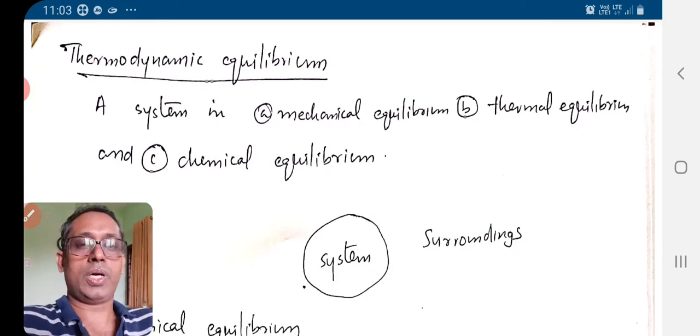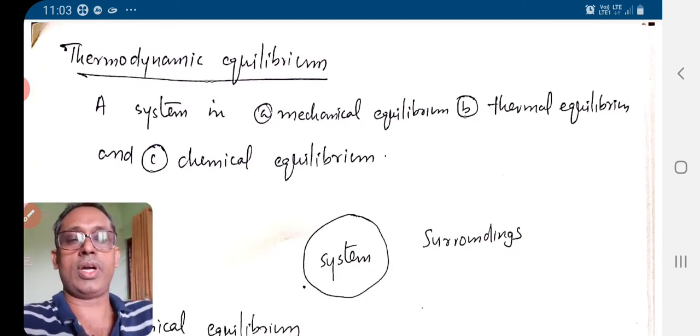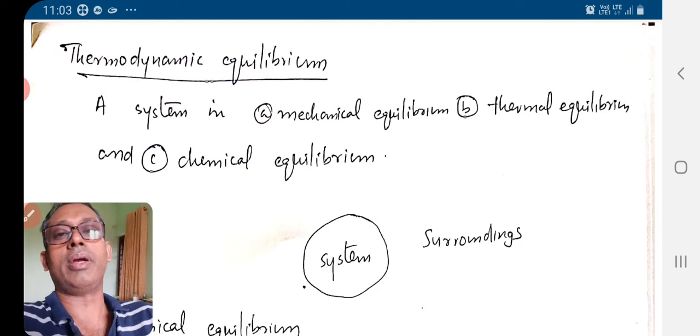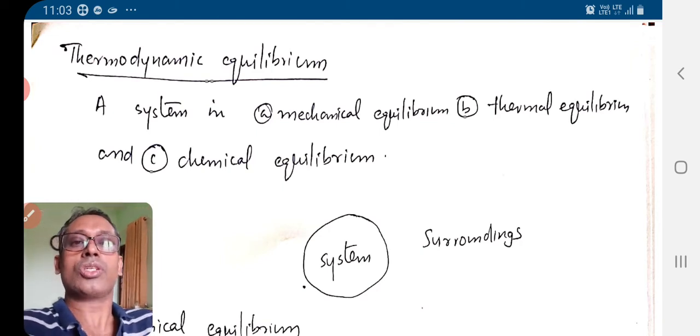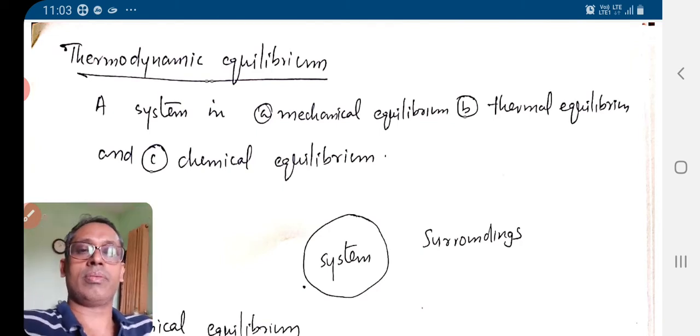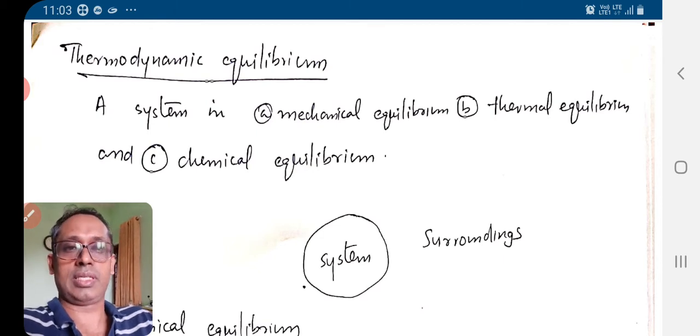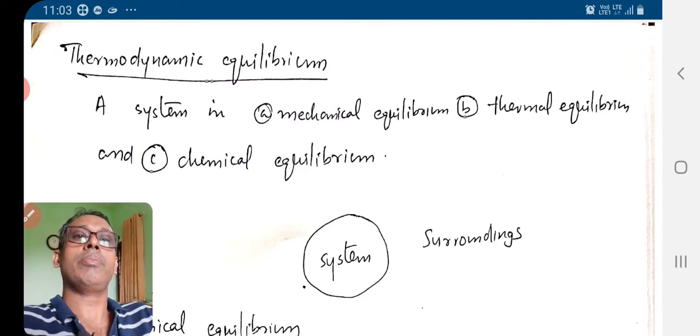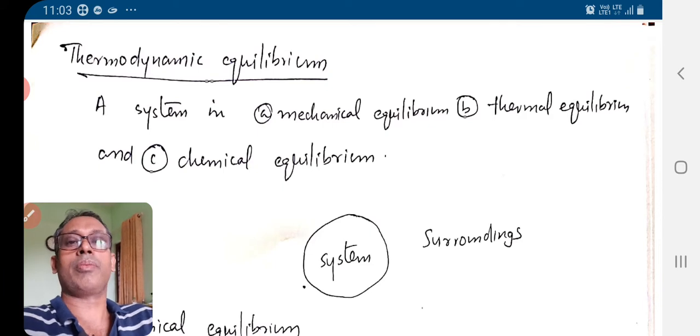Then we discuss thermodynamic equilibrium. What is meant by thermodynamic equilibrium? In many topics which we are going to discuss later, we might be using the term thermodynamic equilibrium.